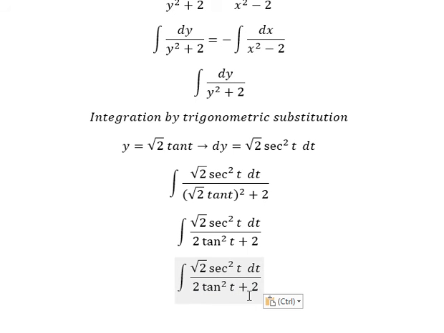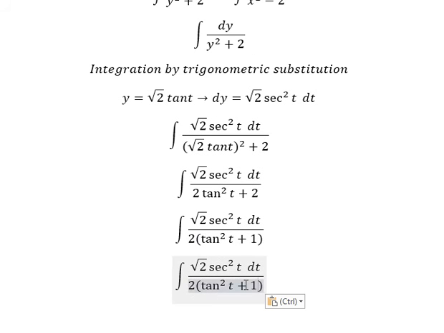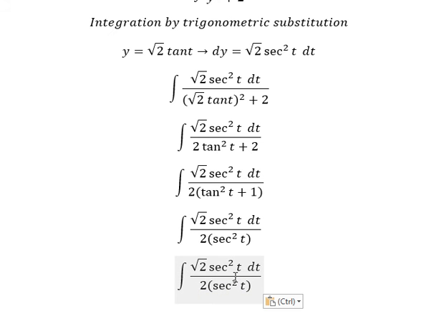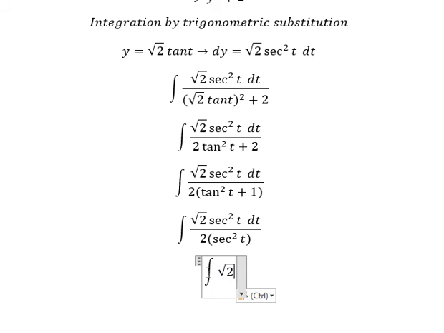Number 2, we can do factorization. So this one we change to secant squared t. We simplify secant squared t on numerator and denominator. So we have the square root of 2 over 2 dt.